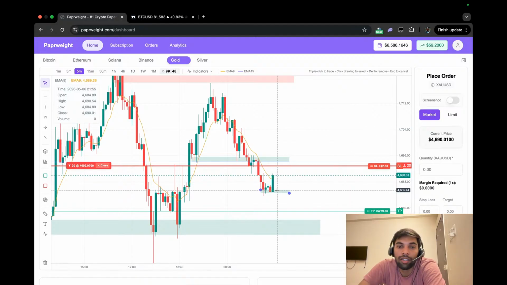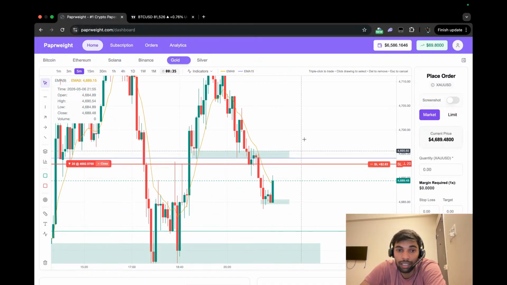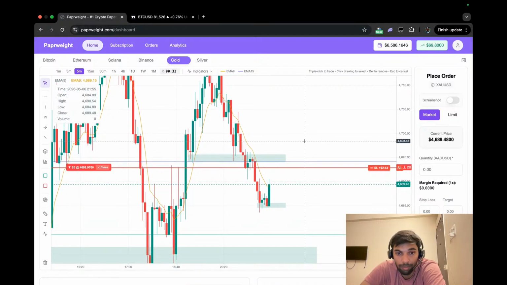Now what happened here is after this green candle, it's quite difficult for the market to make a U-turn again and go in the downward direction. This green candle will invite more buyers to come in and take the market in a U-turn in the up direction.